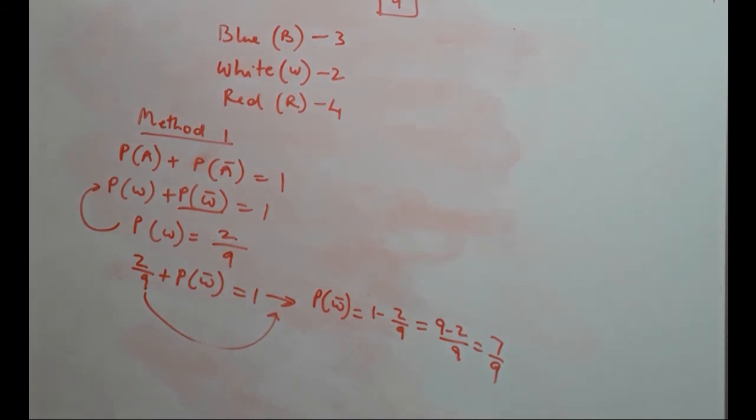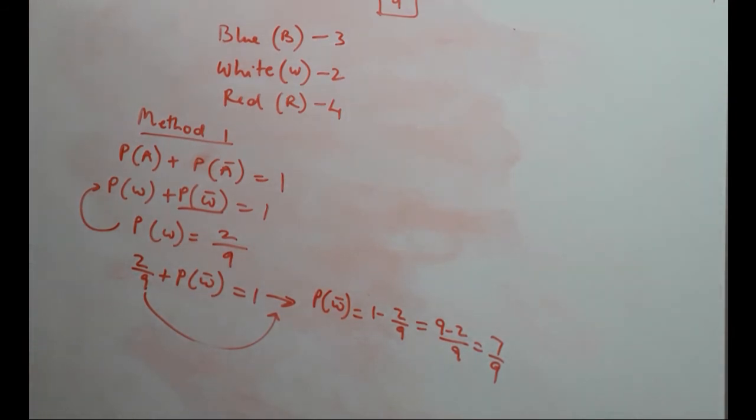I just wrote it on the other side so that you can see it clearly. It's slightly slanting, I hope you'll excuse me for that. So this is the answer you get. So this is the probability of not getting a white marble.